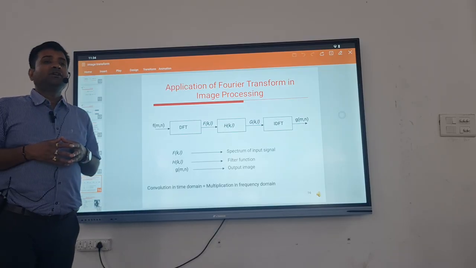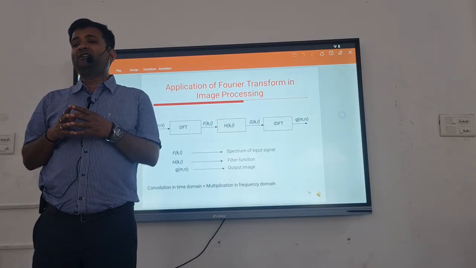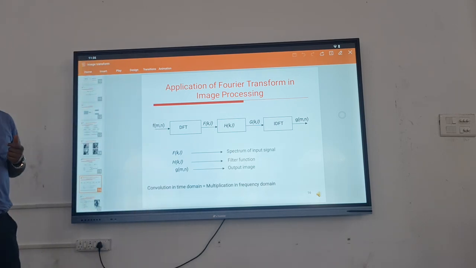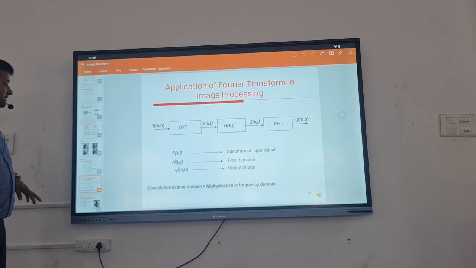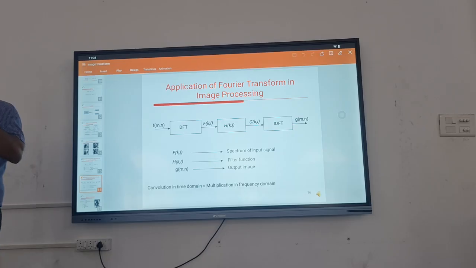Means you have taken the Fourier transform of the given image to find out the spectrum of a given image, to analyze the spectrum frequency of this image. This is the beauty of the Fourier transform, discrete Fourier transform in the image processing.